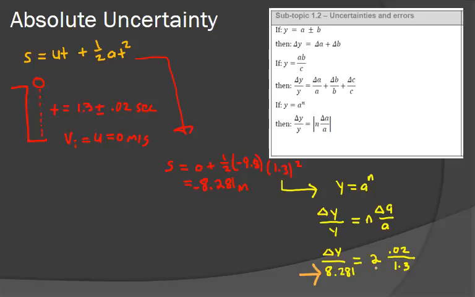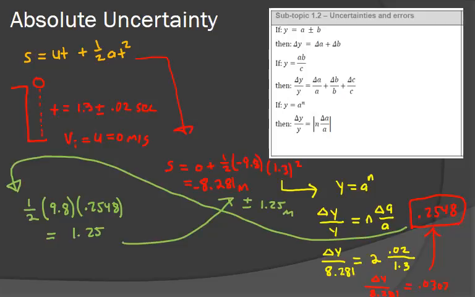And so if we set that up, we have our displacement here. We have our exponent 2 because it's squared, right? Time squared. We have our time, and then we have our uncertainty in time. And then when we solve for that, we get 0.0307. But we're not done, right? Because we're multiplying by some constants. Now, if you remember what we do with that, we cross multiply 0.0307 times our time value, 0.2548.